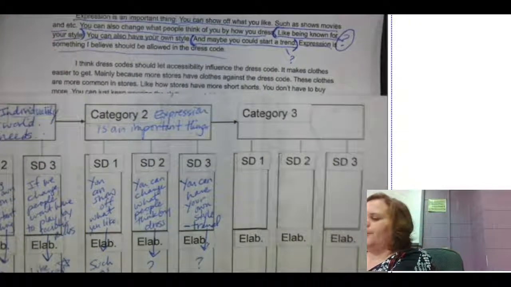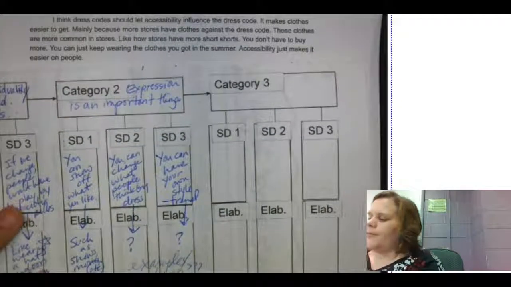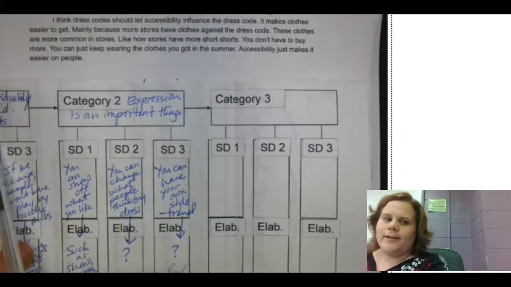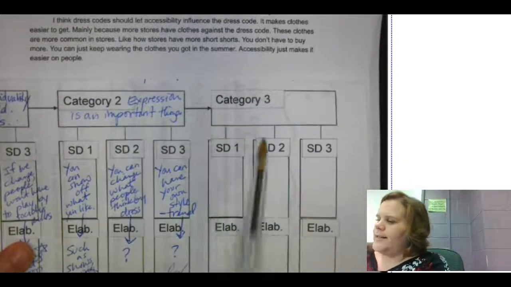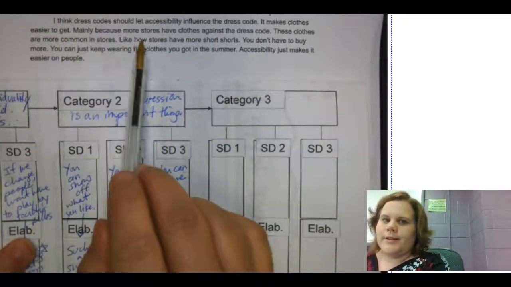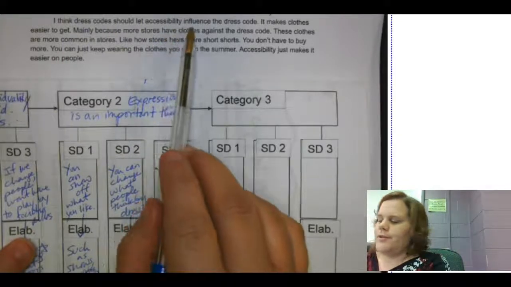All right, third paragraph, third body paragraph. Supposedly, according to this thesis, we should be writing about individuality, expression, and accessibility. So let's see. I think dress codes should let accessibility influence the dress code.